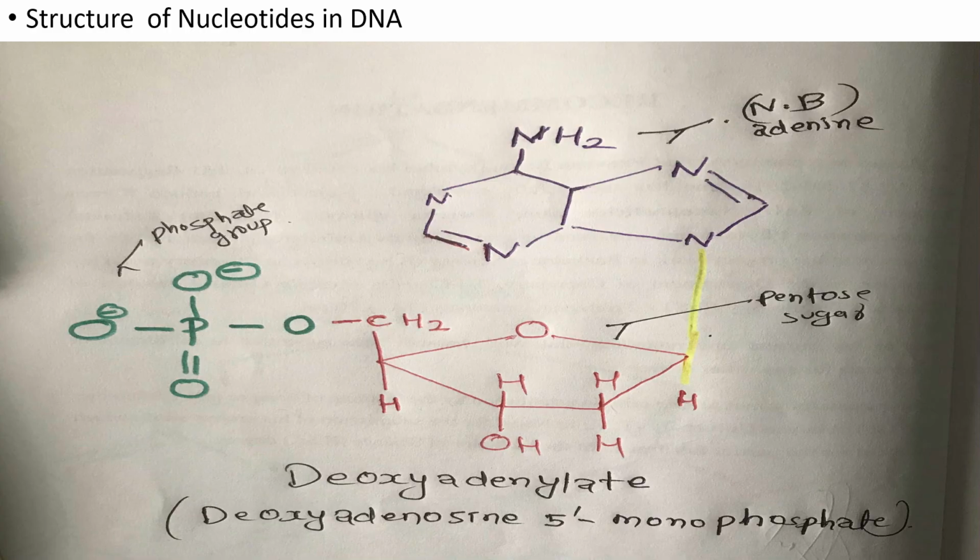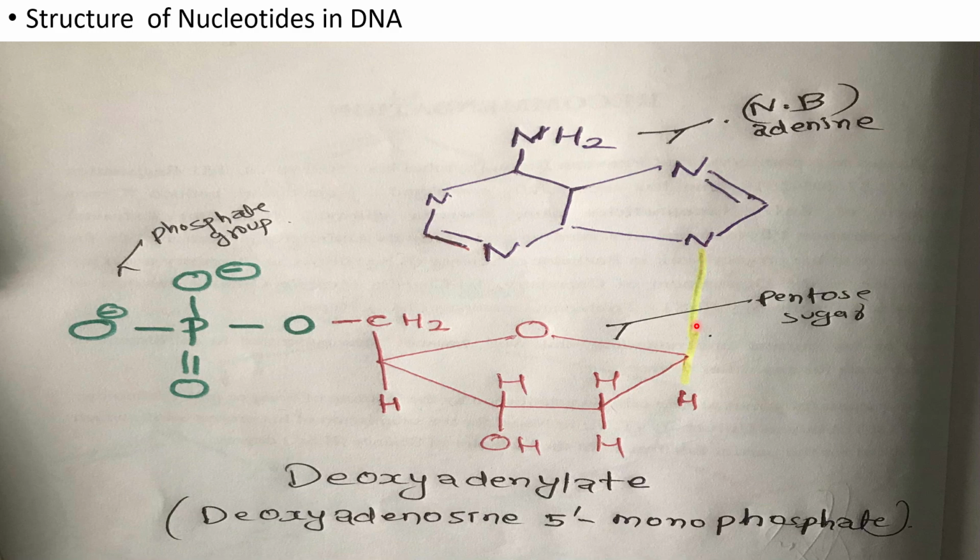The next is about the structure of nucleotides in DNA. This is what a nucleotide in DNA looks like. You have this adenine, the nitrogenous base, linked to the pentose sugar in its 1st position carbon.